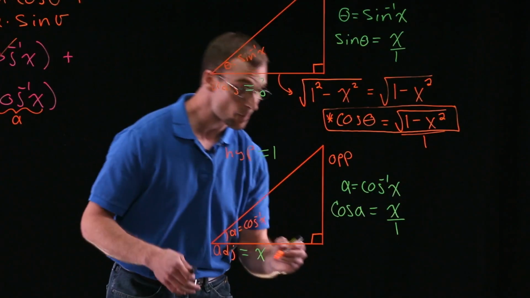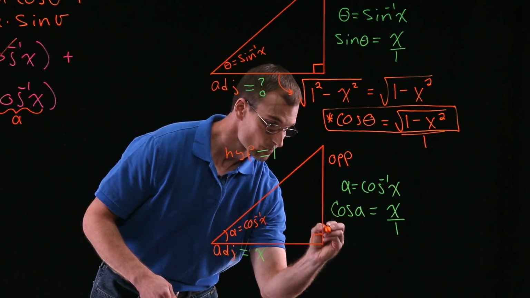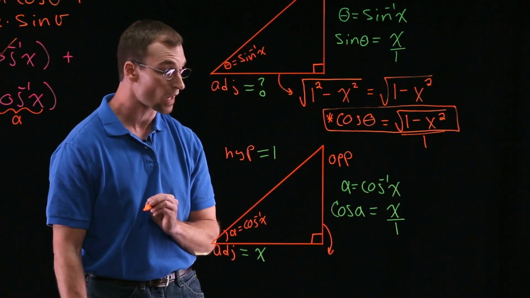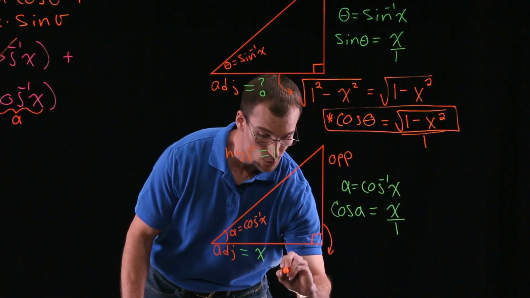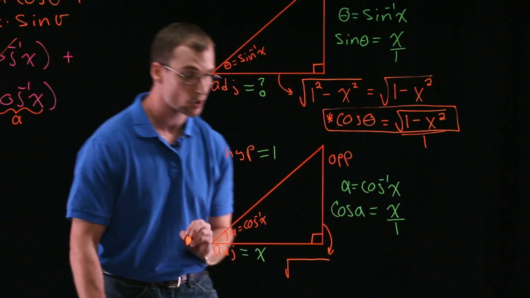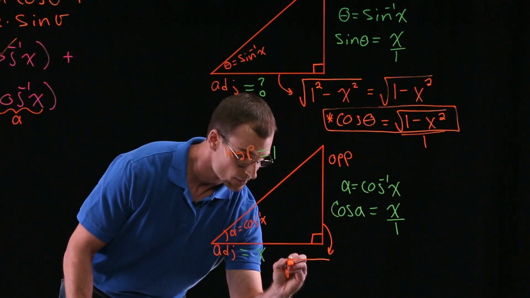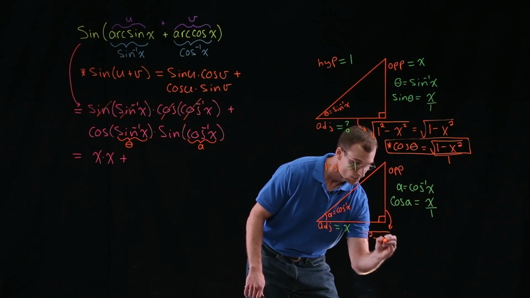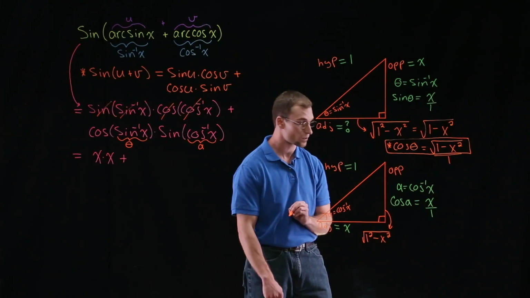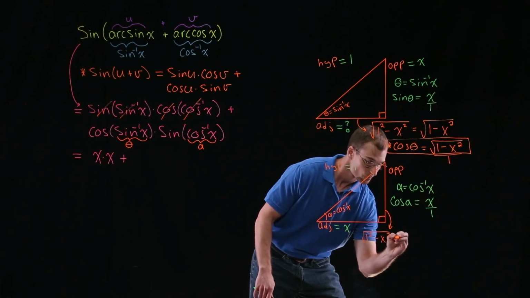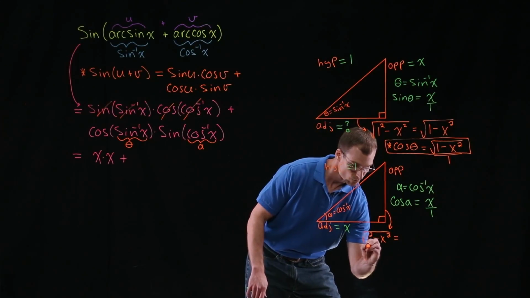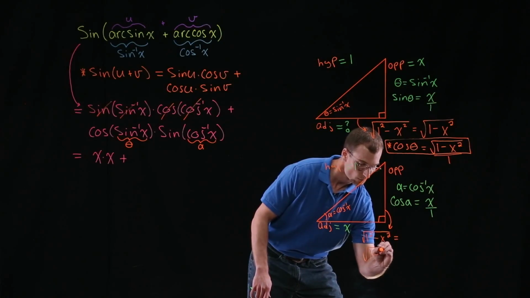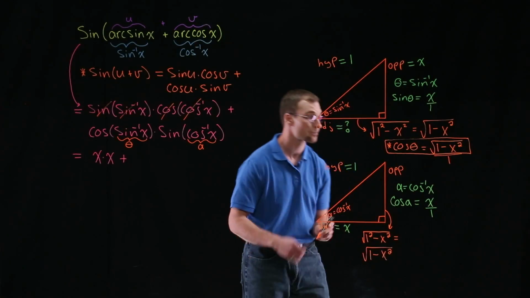So to find our opposite side is, again using the Pythagorean theorem, going to be the square root of the hypotenuse squared, 1 squared, minus the remaining leg squared, or minus x squared, or just square root of 1 minus x squared.